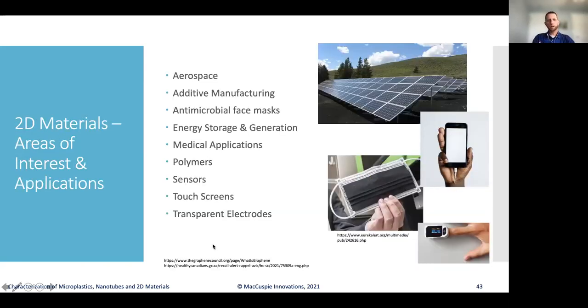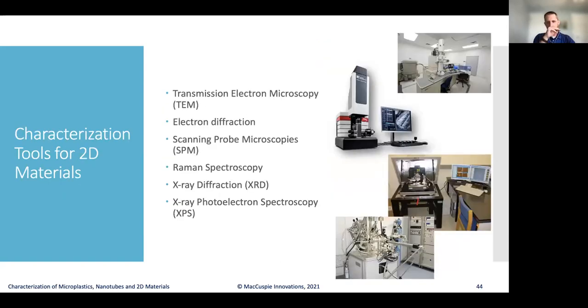They have a wide array of areas of interest and applications, everything from aerospace to additive manufacturing. Antimicrobial face masks using graphene have been getting some media attention over the summer. Energy storage and generation, medical applications, polymers, sensors, touch screens, transparent electrodes, so a wide range of various application spaces for graphene.